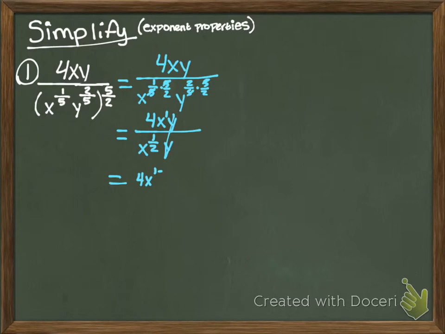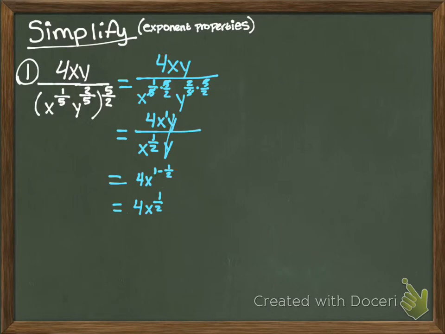Here, let's write that neater. X to the 1 minus 1/2. Well, 1 minus 1/2 is 1/2. So this would simplify. So 4xy, all the complicated stuff in white in the original problem, simplifies and is actually equivalent to just 4x to the 1/2.